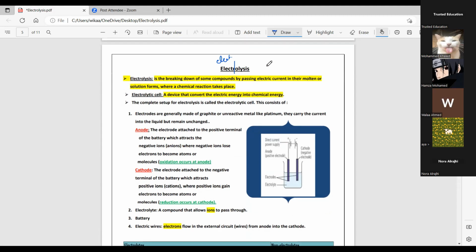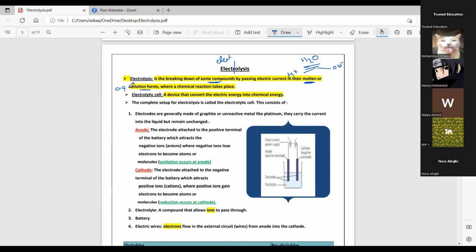It should be a compound that can conduct electricity. يعني it's not important to be only ionic compounds. هو mainly طبعا ionic compounds. بس مثلا I have water. Water can be electrolyzed, can be broken down into its ions, H positive and OH negative.